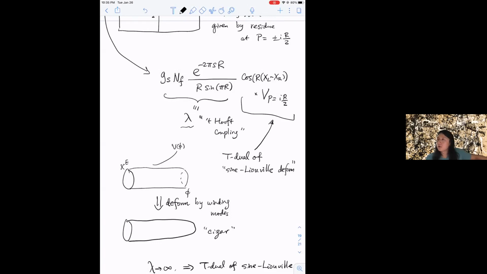I think it's essentially exactly marginal, for the same reason that sine Liouville is exactly marginal. If you study the OPE with itself, there will be no beta function. It will not give rise to other marginal operators in this OPE. But this is a bit subtle because the operator is not normalizable. You have to be careful in how to do conformal perturbation theory.